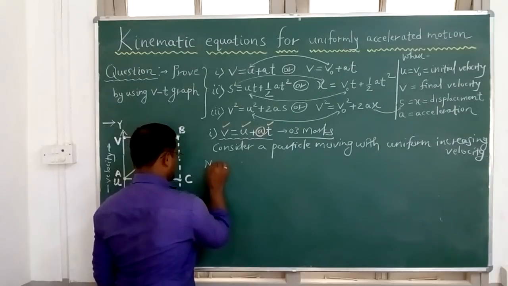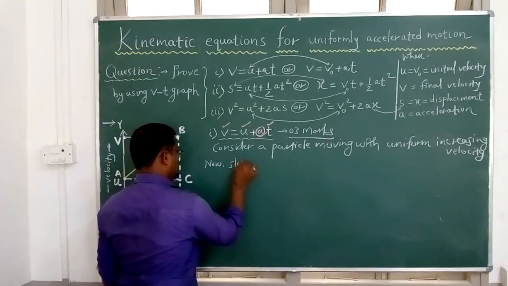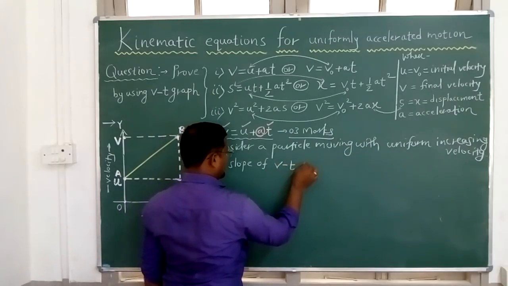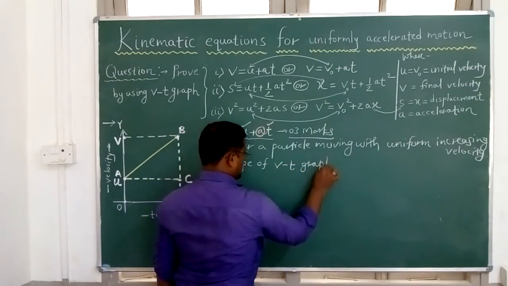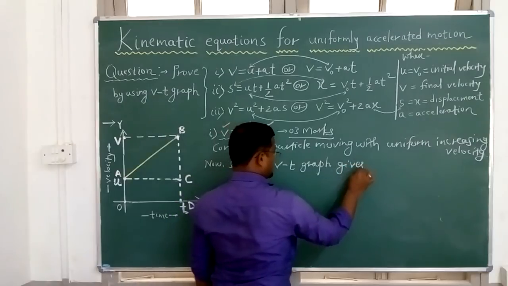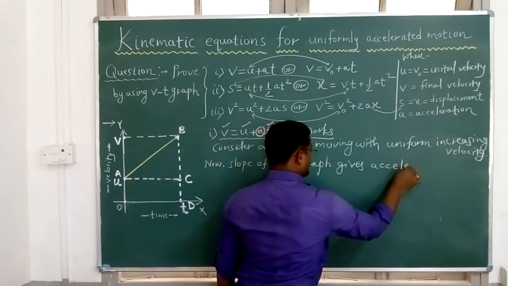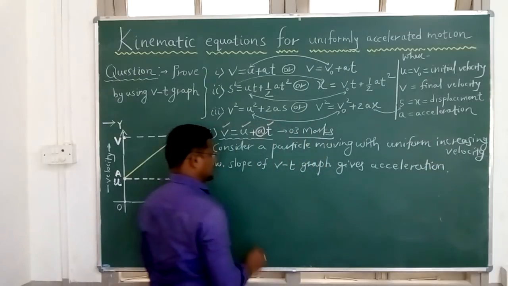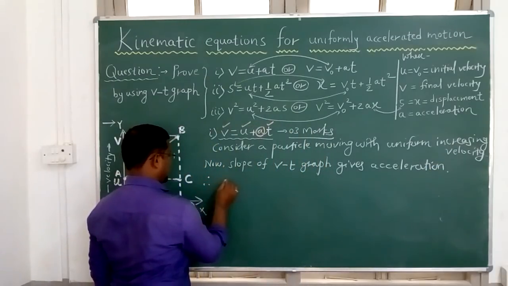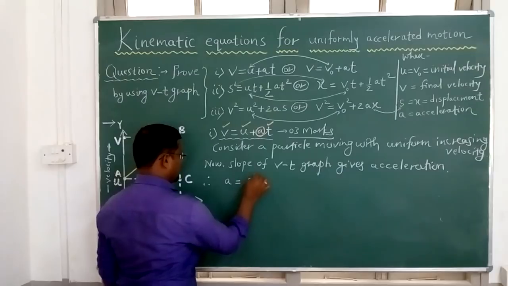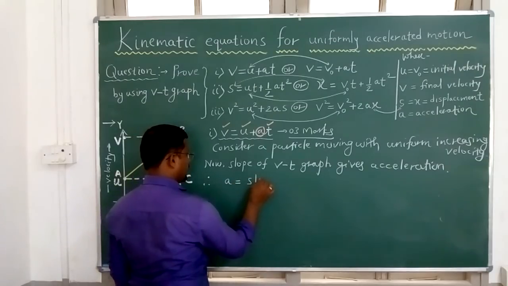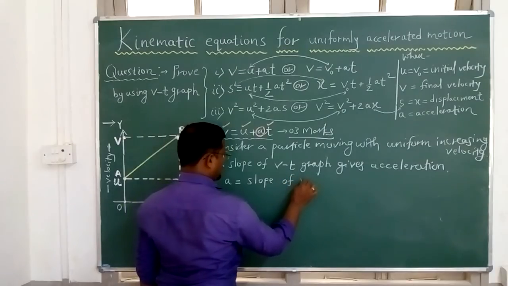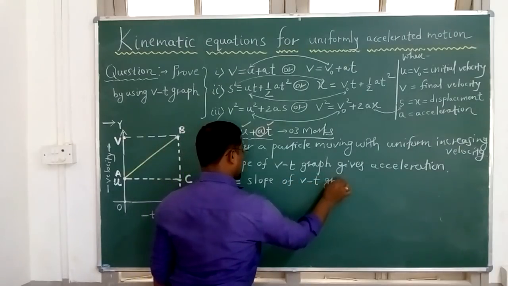So now, slope of VT graph gives acceleration. Therefore I will write here a is equal to slope, so this a is nothing but the slope of the VT graph.